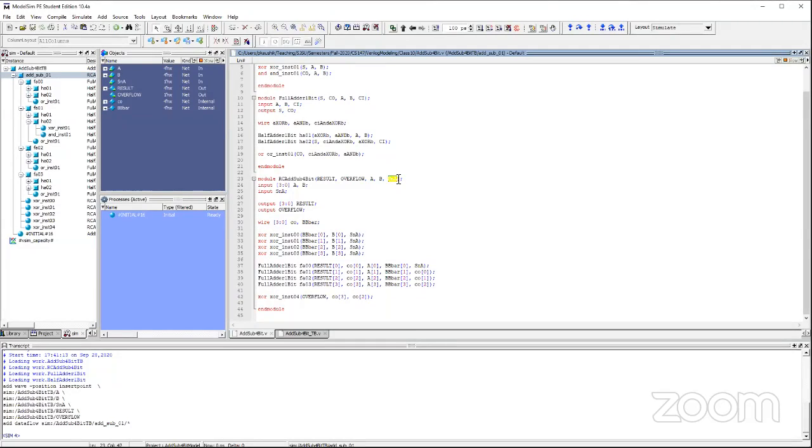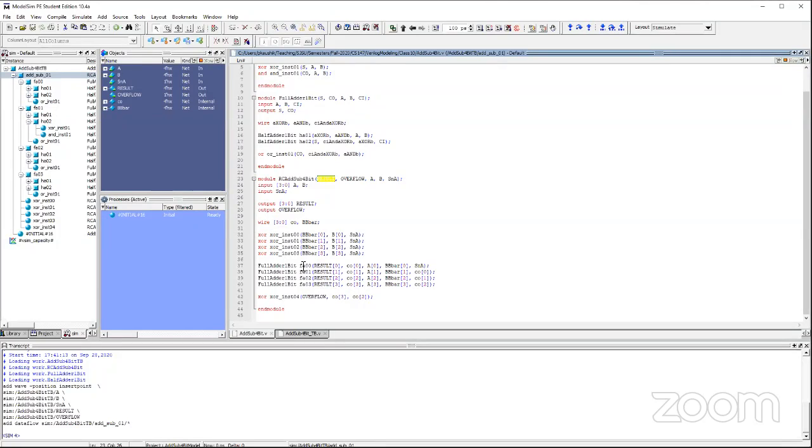If this mode is 1, then it is subtraction. If it is 0, then that's addition, with inputs A, B, overflow detection, and the result. I did exactly what we studied on the slide for this adder subtractor.